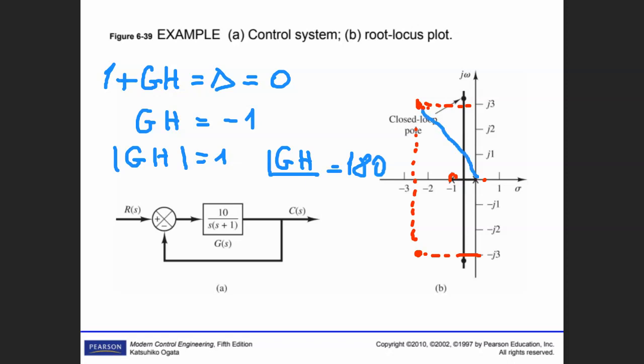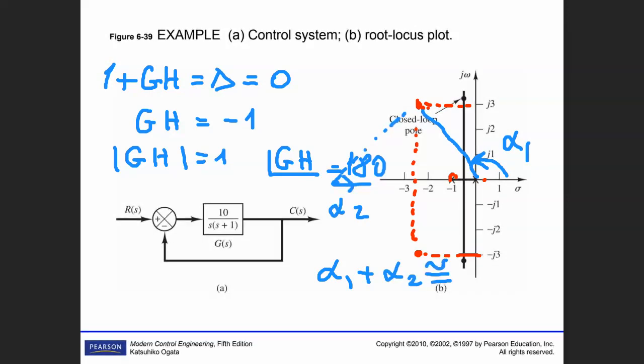now this angle, let's say alpha, and you are selecting a point somewhere there, okay? And that angle, let's say, call this alpha 1, and this alpha 2. Alpha 1 plus alpha 2 should be 180 degree.